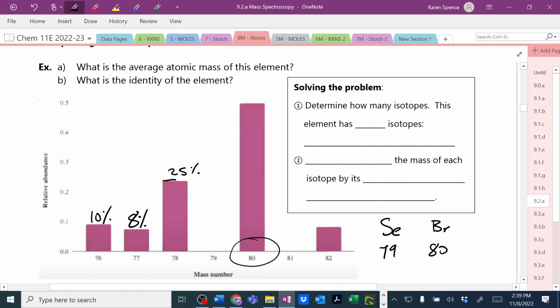So all together, that would be how much? 25, 35, 40, 43%. If I were just ballparking, I'm not very good at math, but I might guess it's selenium, but I could be wrong. It could be bromine. I would actually want to chug the numbers on that one.